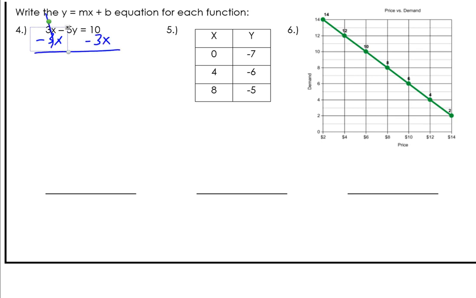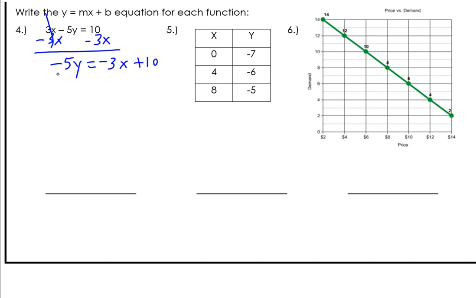I get a cross out on the left, and then I bring down carefully all of the numbers that remain. So a minus 5y, an equal sign, and these two are not alike, so I write them side by side. Minus 3x and an invisible positive 10.